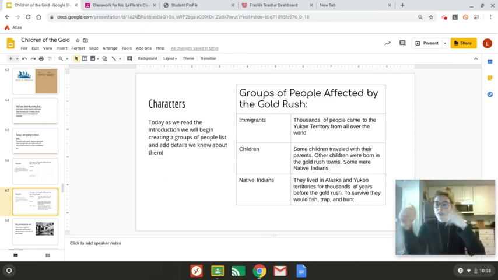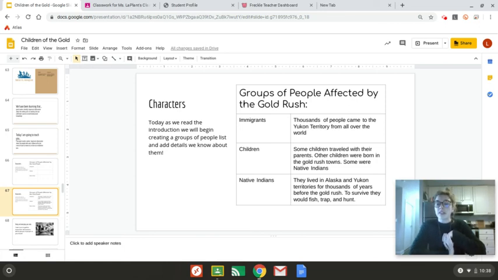And then there are 2 more groups. Native Indians who were born there, that are children. They didn't immigrate at all. And then there's also kind of a mix. So there might be some white settlers moving west and having a child with a native Indian. So then it made them have to choose between the towns and the native ways. And the native Indians lived in the Alaska and Yukon territories for thousands of years before the gold rush.